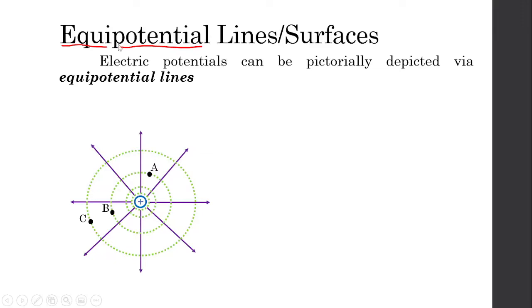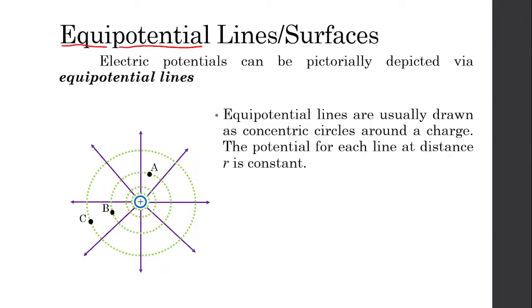That's why we have equipotential, equal potential. The reason for that is because they fall in the same surface, or they fall in the same line. The reason for that, we will explain later, is because of their distance r. So potential is actually dictated by the distance.